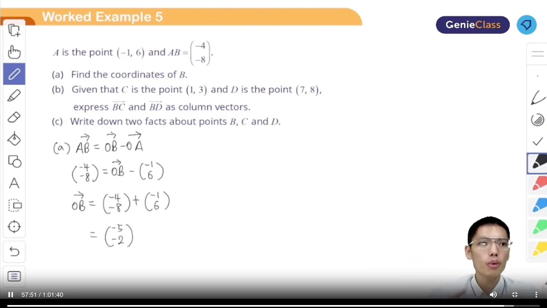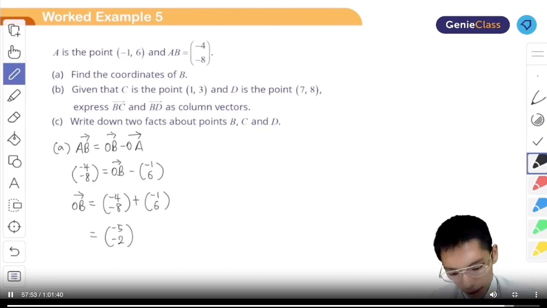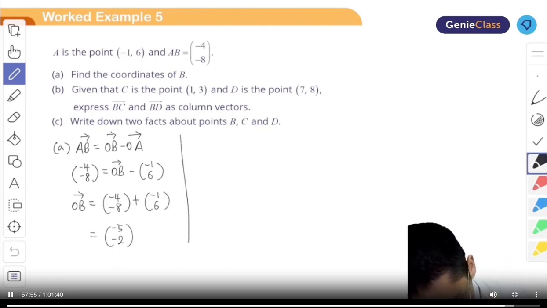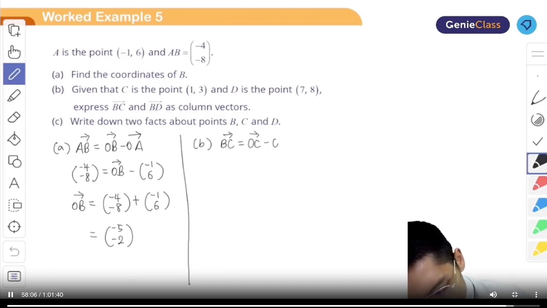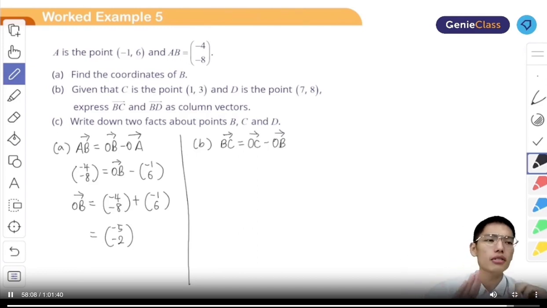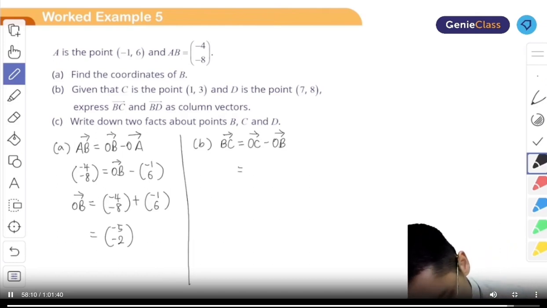This is my OB. Following up further, they give you C as this point. Part B, BC. Again, it's going to be just OC minus OB. Second letter minus first letter. Once you get this down, it's okay, and then you just carry on.